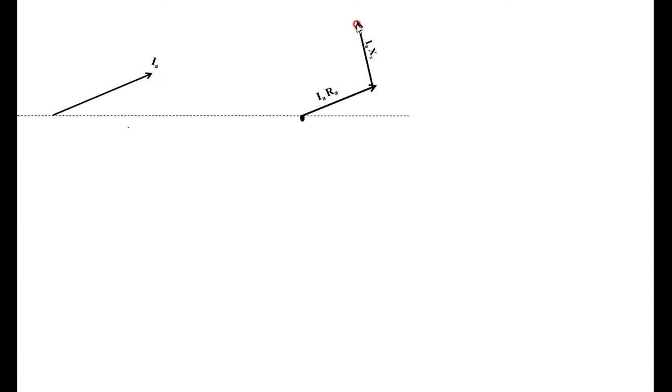Then from here, you have to draw a vector equal to E, that is 2582, so that the tip of that 2582 falls on this, because that is the voltage we are getting, the starting point.